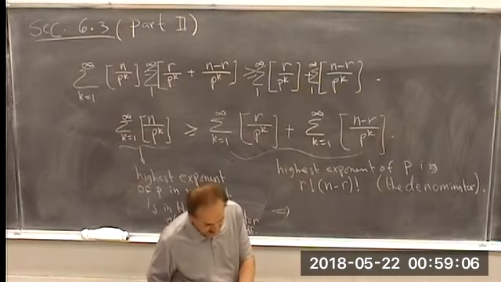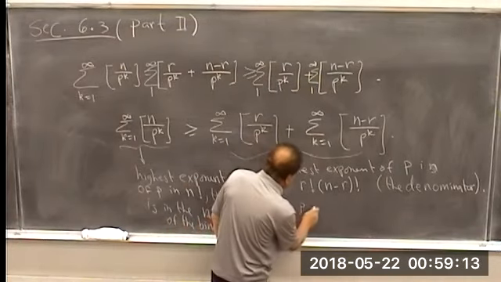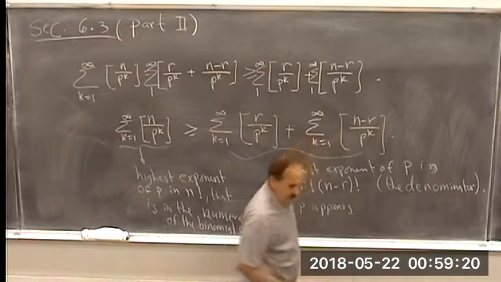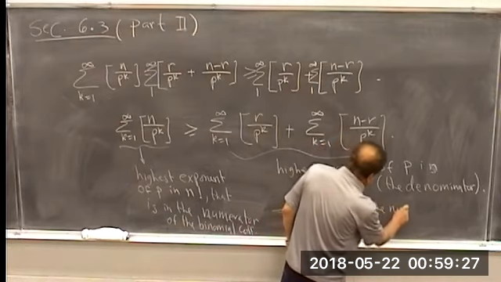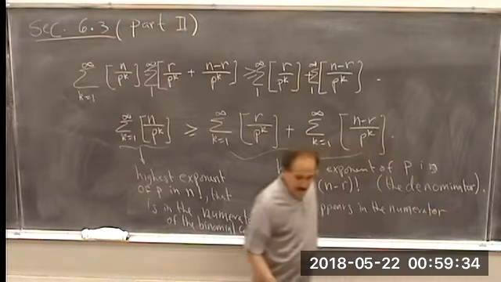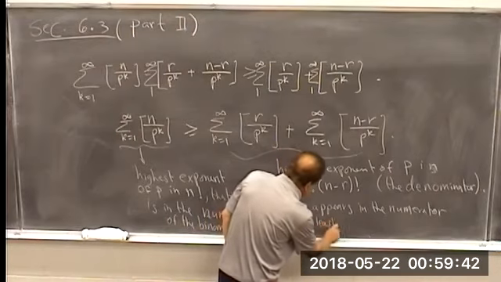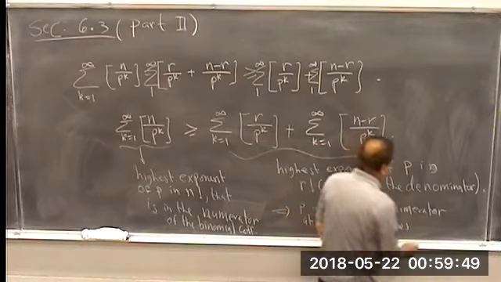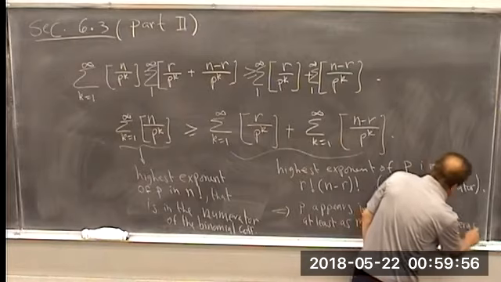Let me see how we're going to say this one. So in other words, p appears in the numerator at least as many times as it appears in the denominator.